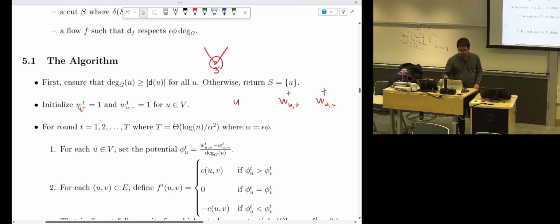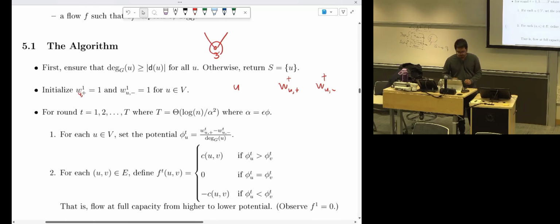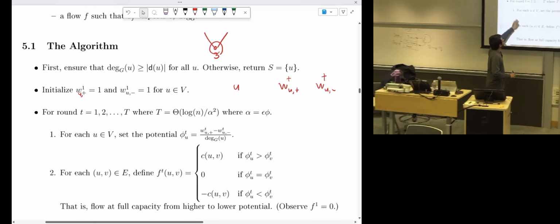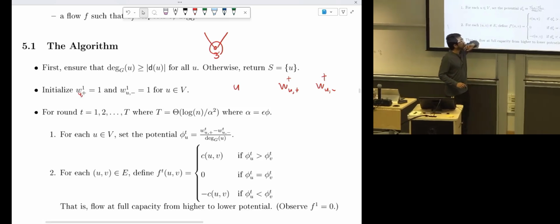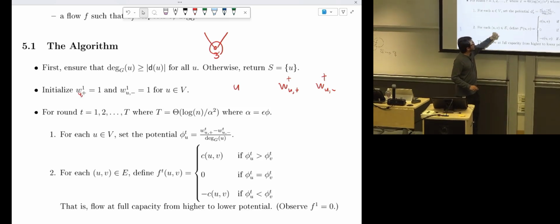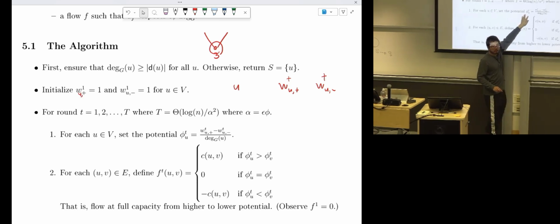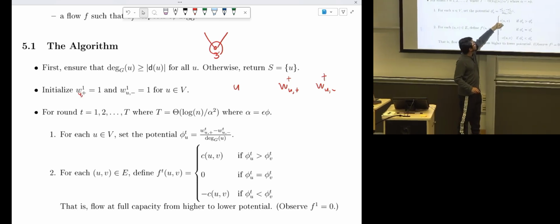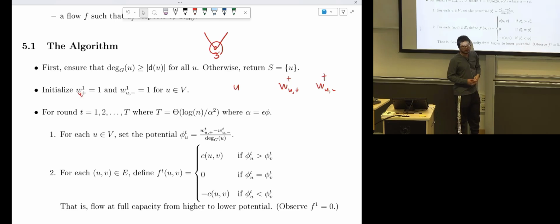And then what we do is this. There's going to be some number of rounds. First, I compute the potential. It's going to be the weight plus minus the weight minus, scaled down by degree.